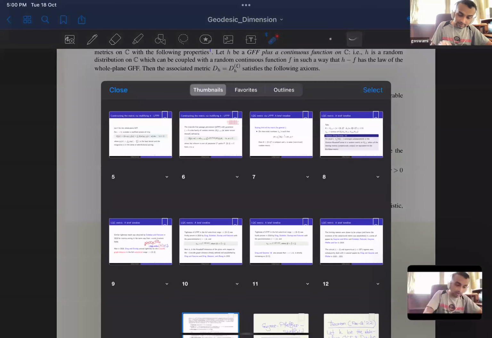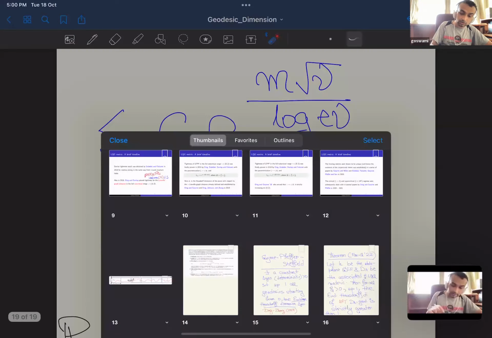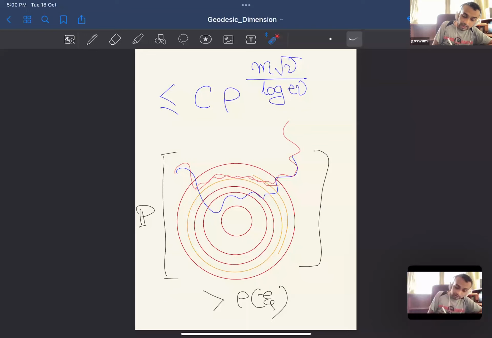So what you can do using this property is add a bump function to the Gaussian field, so that we can make the field in this little inside annulus very high, as high as you want.